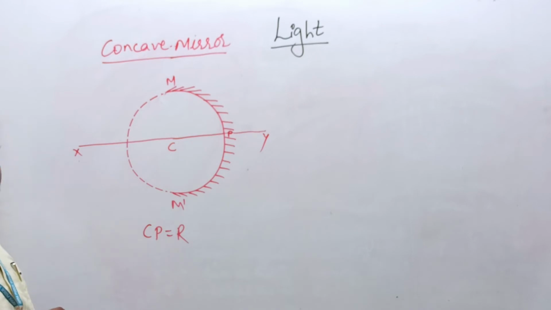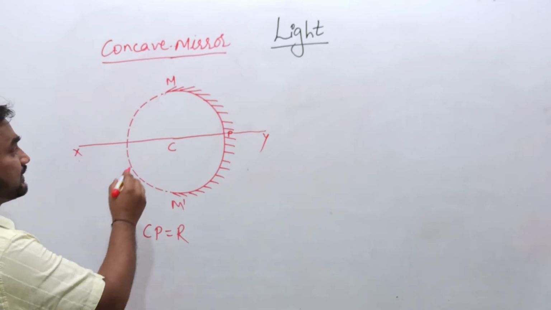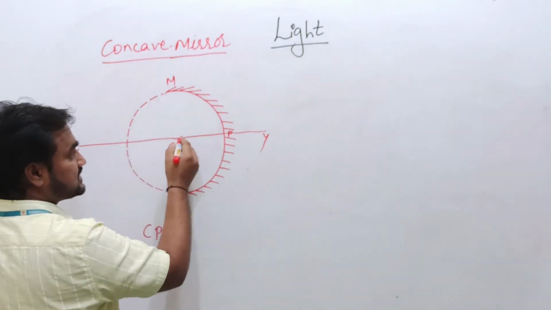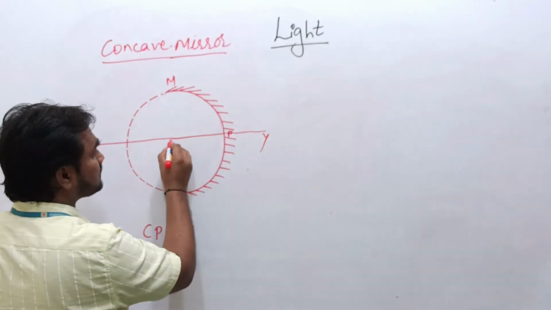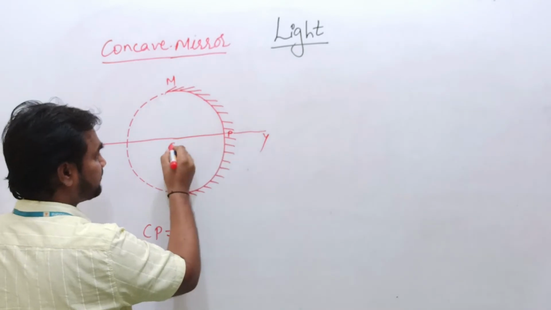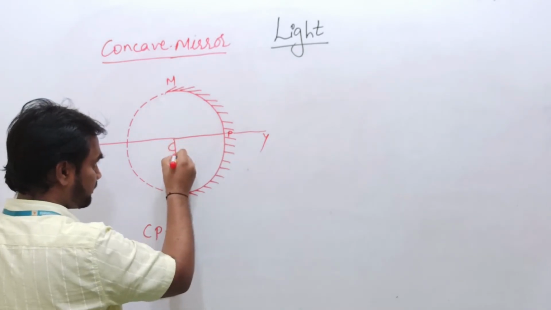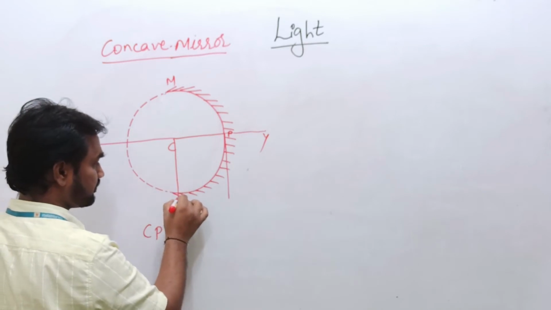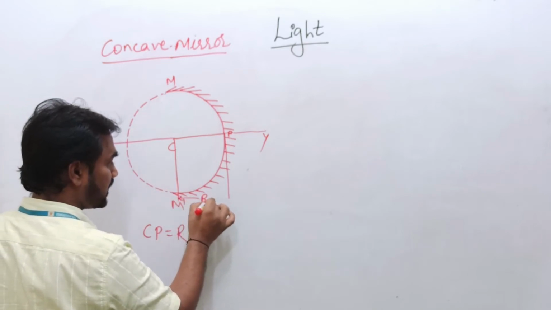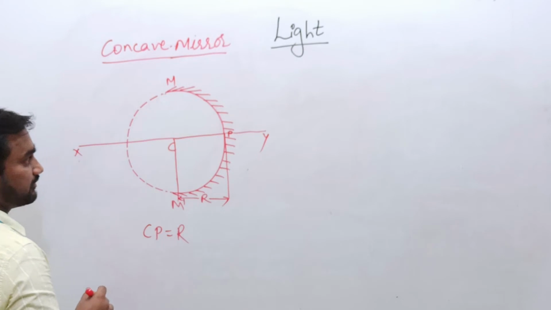It is XY. This part is the radius of curvature, R.